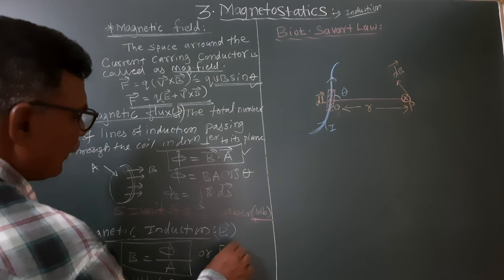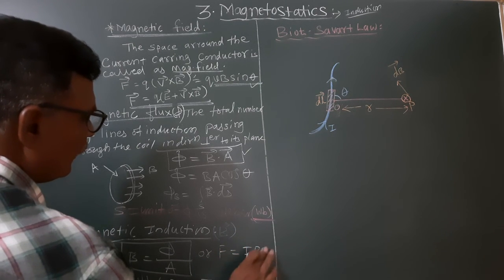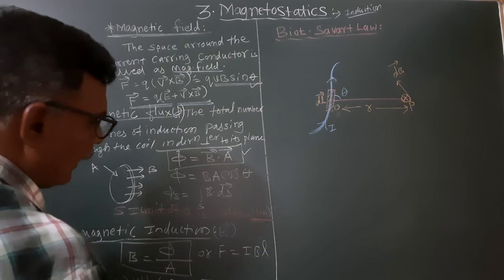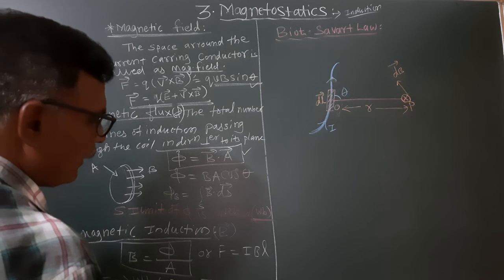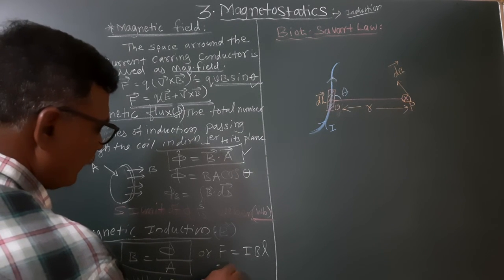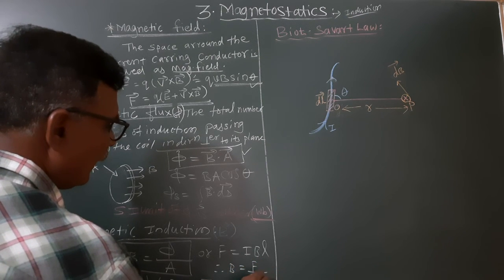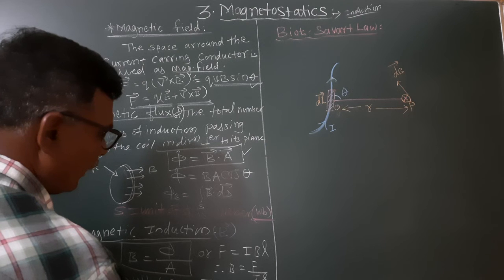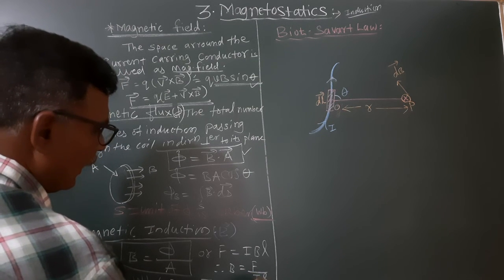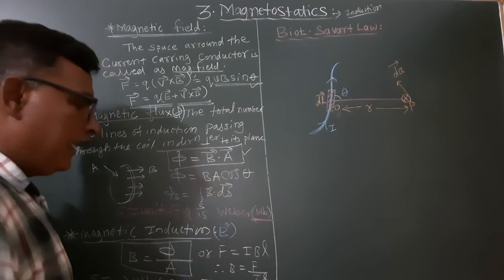Sometimes we also use one more formula for the force. F is equal to I B L, where I is the current flowing through the conductor, L is the length of the element, B is the magnetic induction, and F is the force. Therefore, B is equal to F upon I L. Force is measured in Newton, current in ampere, length in meter.